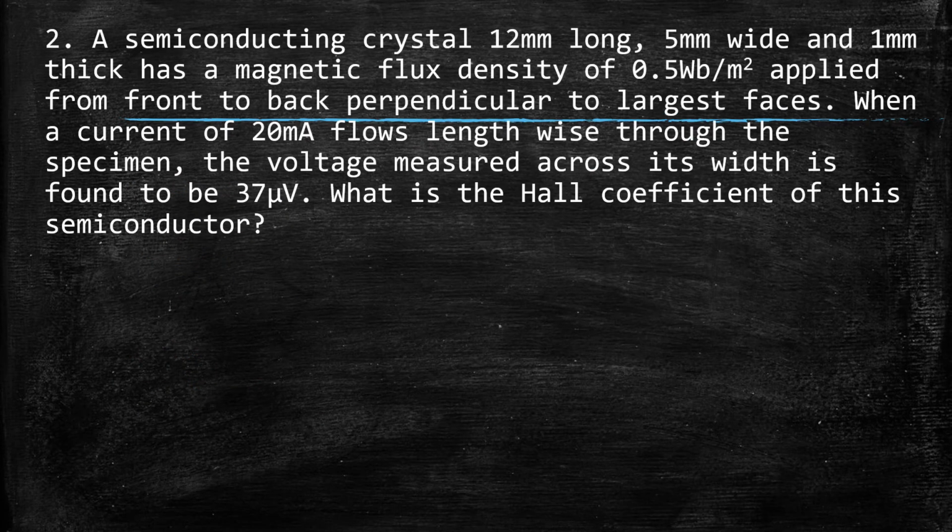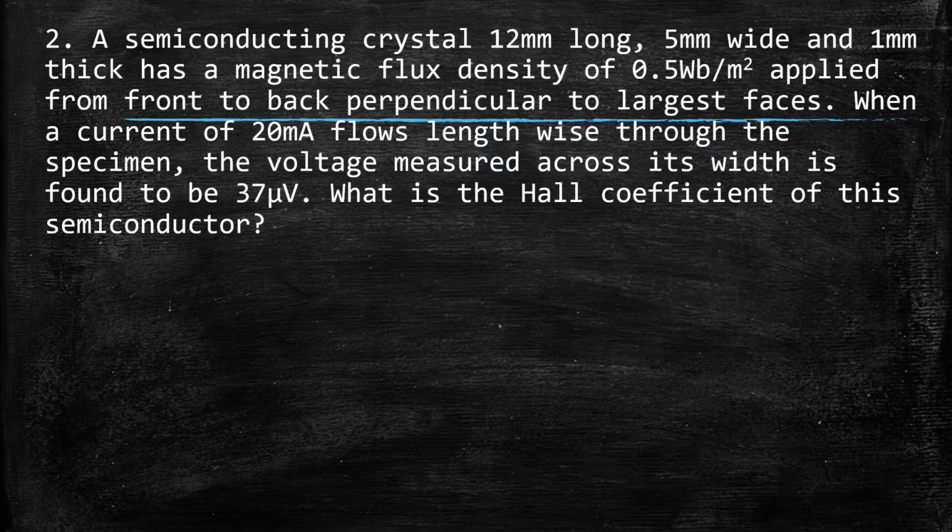The second problem. A semiconducting material 12 mm long, 5 mm wide and 1 mm thick has a magnetic flux density of 0.5 Weber per meter square applied from the front to the back, perpendicular to the largest faces. When a current of 20 milliamps flows lengthwise through the specimen, the voltage measured across its width is found to be 37 microvolt.